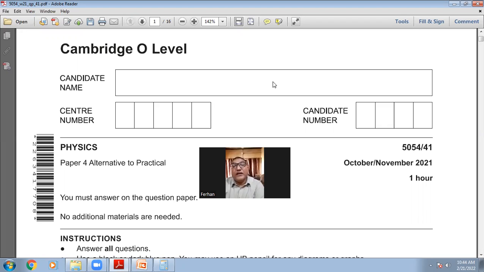Alternative to practical, we call it paper 4. The time allowed was 1 hour. I have tried my best to explain the concepts to you. The paper is very easy. I hope you have understood the concepts, and you also have understood how to write these answers. These are very famous questions. They have come in the Cambridge exams many times. Especially this lamina question is repeated many times.